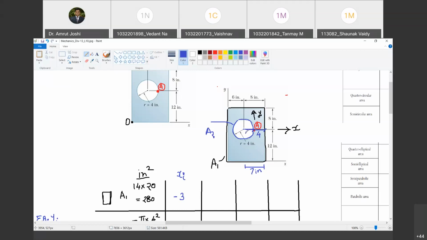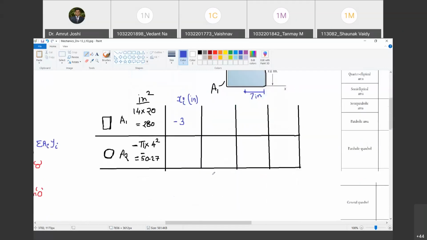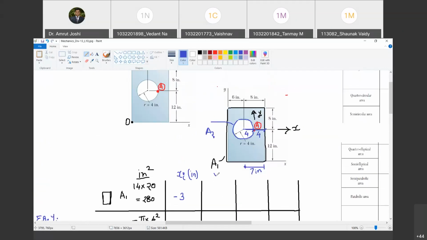So this remaining distance turns out to be 4. So what is the distance between the centroid of the rectangle and point A? It is 3 inches, but that 3 inches is towards the left of A. So I have to assign the sign minus. So this is in inch. Now let us write down yi.